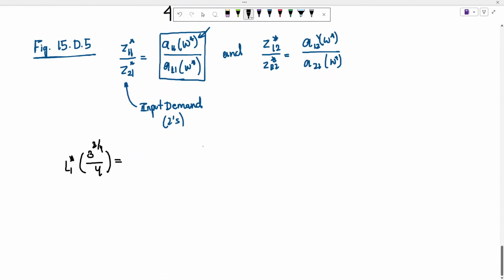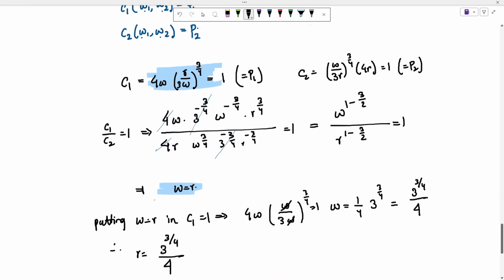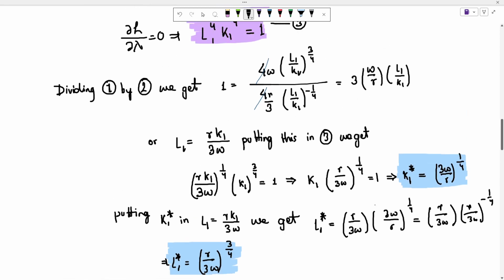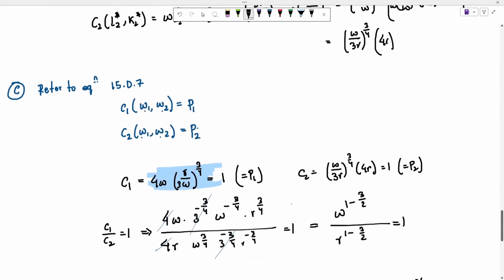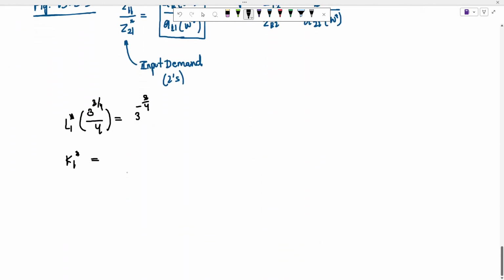Similarly, what was K1 star? Again W by R, so it is going to be 3 to the power 1 by 4.